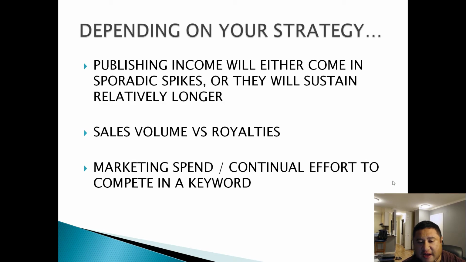Or am I going to focus on selling maybe fewer books at a higher royalty? Something to consider too. And last, when you're finding yourself gravitating towards keywords that have a lot of competition, inevitably you're going to spend on marketing. There's just no way to go about it unless you are a pony, unicorn, magical marshmallow. You will end up spending on ads to get your visibility out there.